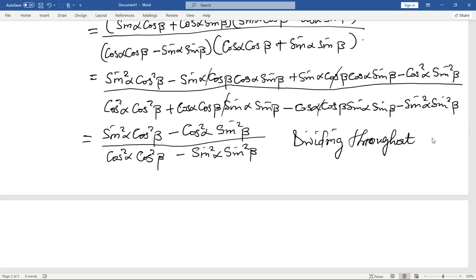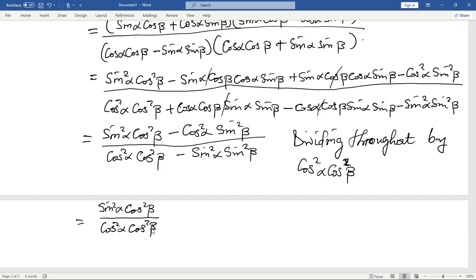If you divide throughout by cos squared alpha cos squared beta with every term that we have in this expression, here we're simply going to have sin squared alpha cos squared beta divided by cos squared alpha and cos squared beta, like this, minus we divide also this term by the same thing.